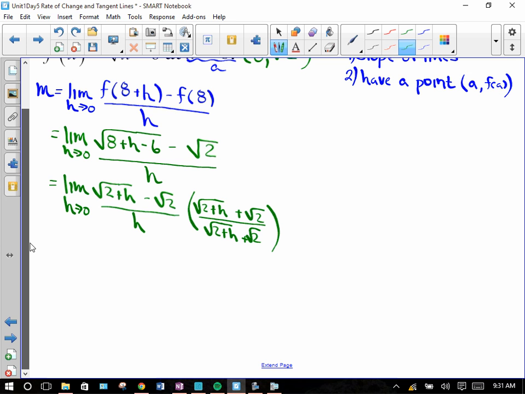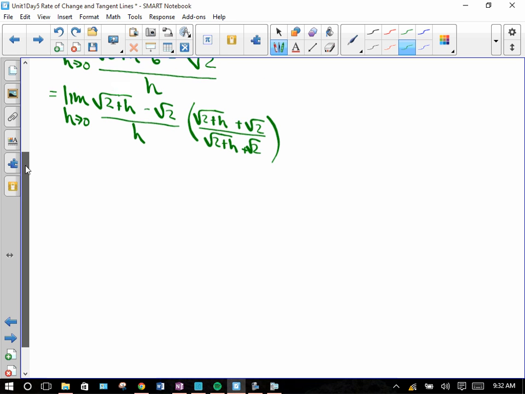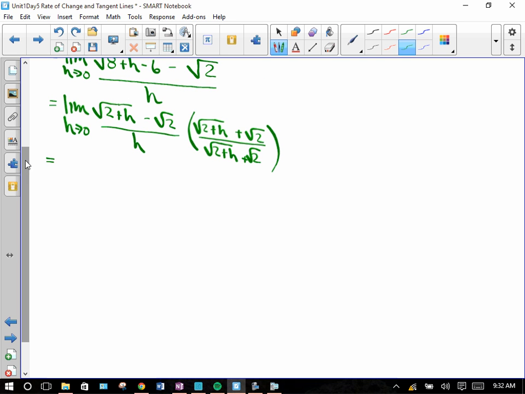So what we're really doing is we're multiplying this by this conjugate, which is really just a fancy way of multiplying it by 1. Alright? So go through a bunch of manipulations here. This is equal to the limit as h approaches 0. So you're going to have the square root of 2 plus h times the square root of 2 plus h. That's just going to be 2 plus h.